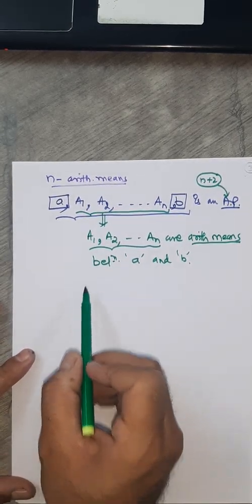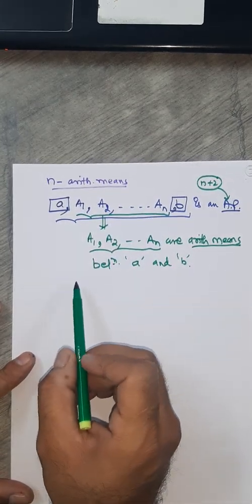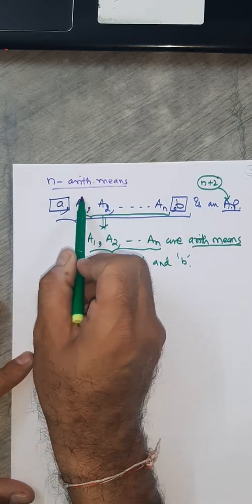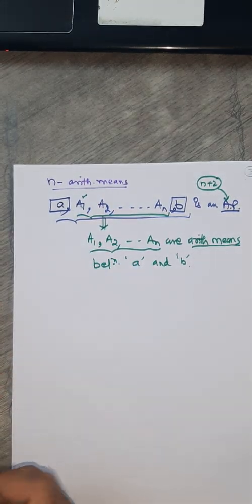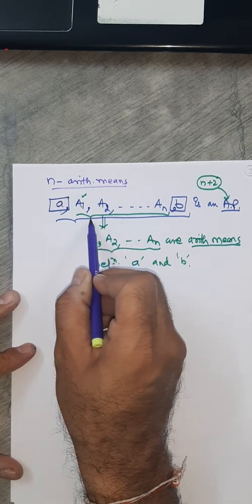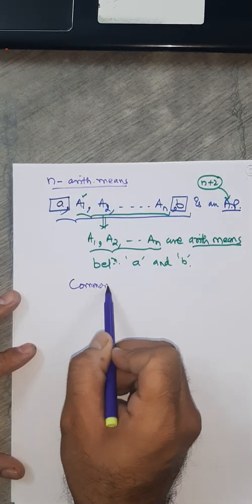Now our main point is we want to get these A1, A2, up to n numbers. Now this is an AP, you know the first term. So if I get the common difference, I can get this. First number plus the common difference will give A1. Here in this case, I'm not getting into the proof.